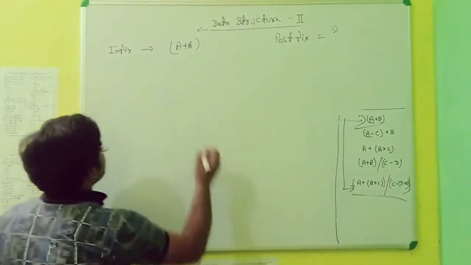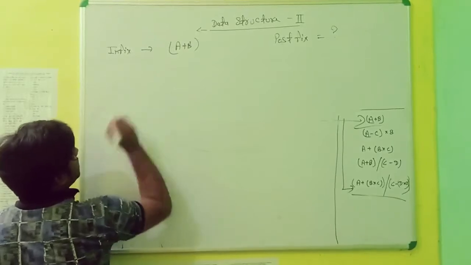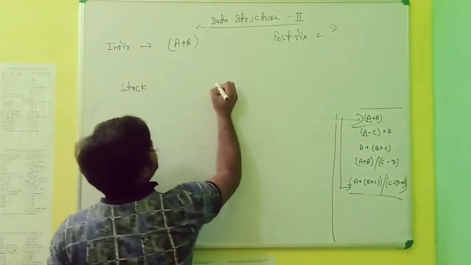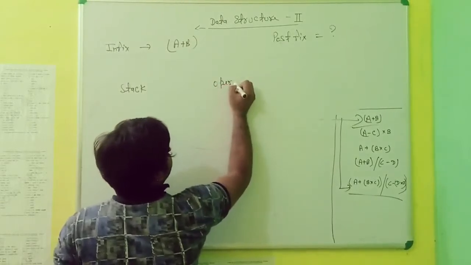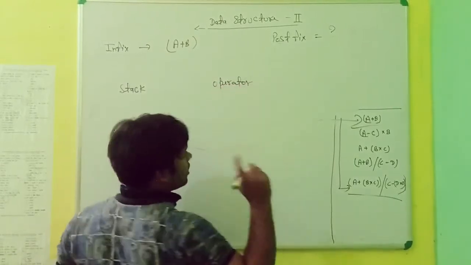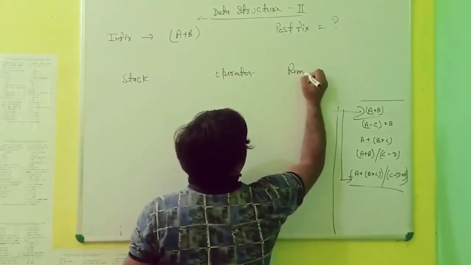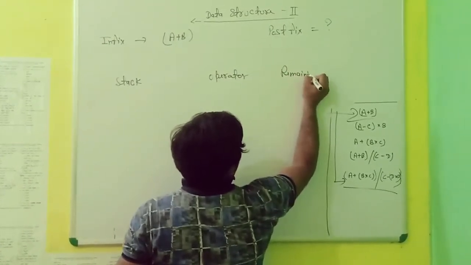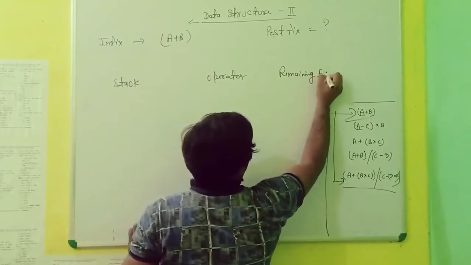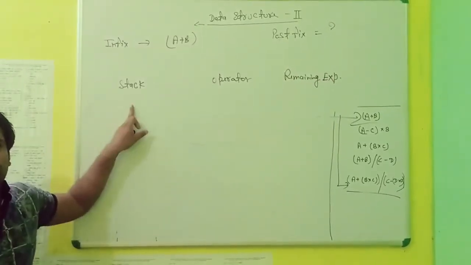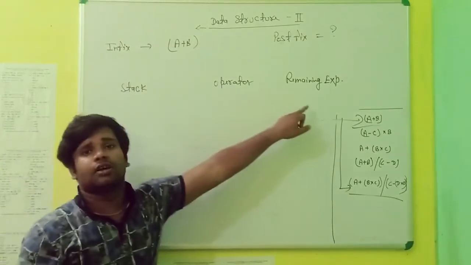Here you write stack, here you write operator, and the third column will be remaining expression. Okay, so here are three columns. The first column is stack, the second one is operator, and the third one is remaining expression.